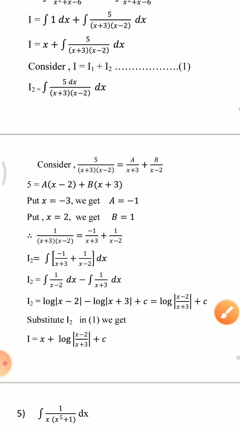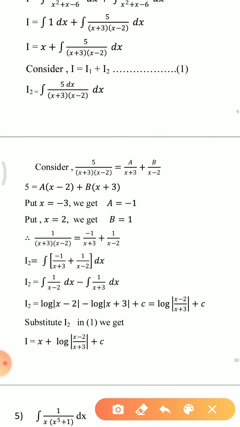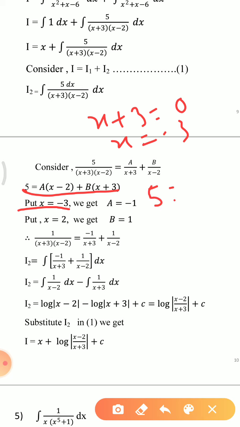Then, first, for A upon x + 3, the equation is x + 3 = 0, that is x = −3. Putting x = −3 in the above equation, 5 = A(−3 − 2) + B(−3 + 3), and −3 + 3 is 0. −3 − 2 is −5.